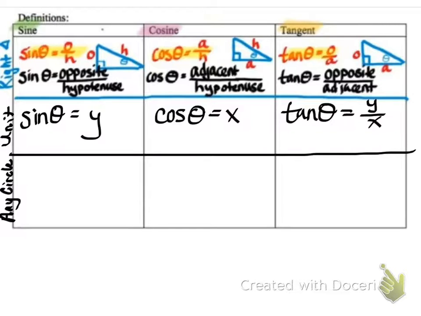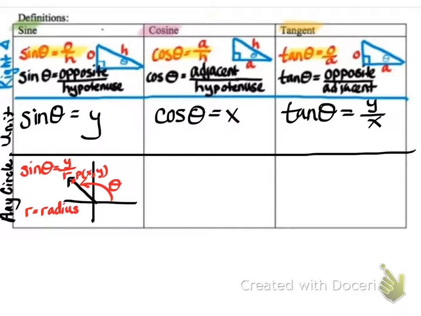The final definition is for any circle: if we have this theta that has a terminal side that goes through point P, and P is (x, y), sine will be defined as the ratio between y and r. Notice it's still y, but now it's y over r, where r is the radius of a circle that would go through P, or the distance from (0, 0) to (x, y). So it's that distance from the origin to the point.